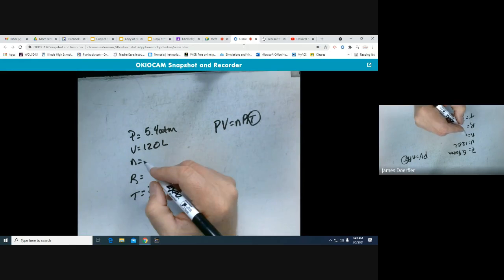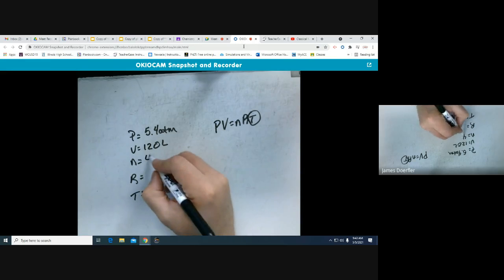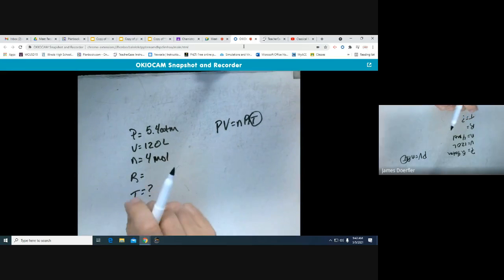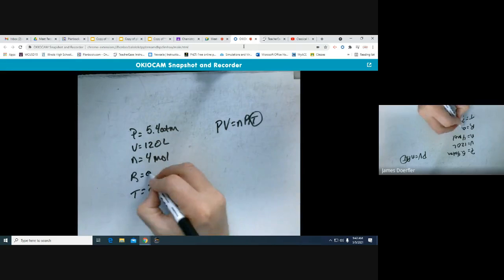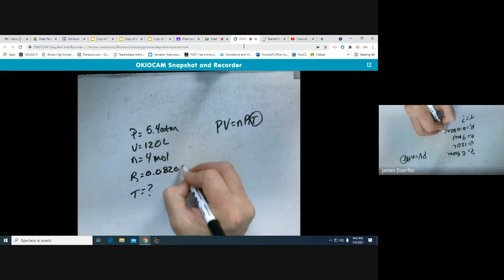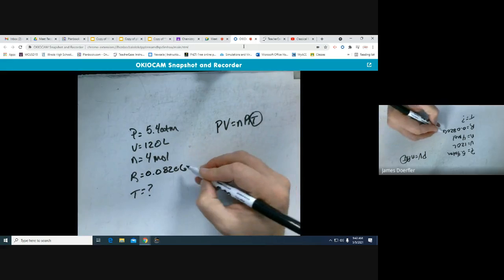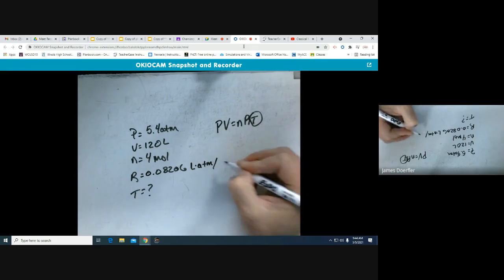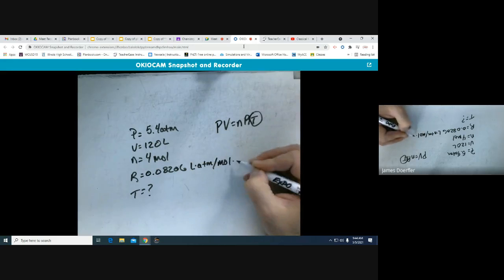n, moles. 4. And who can give me the numerical value of R? 0.08206. Very good. You are correct. And the unit for that is liters times atmospheres per mole times Kelvin.